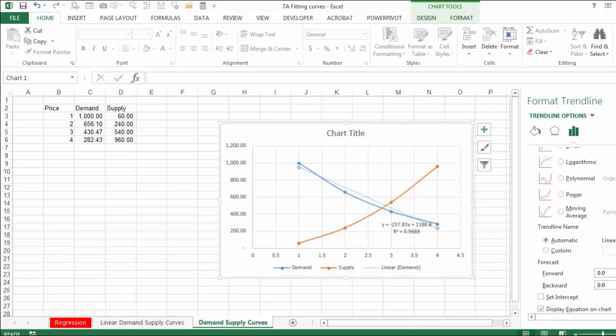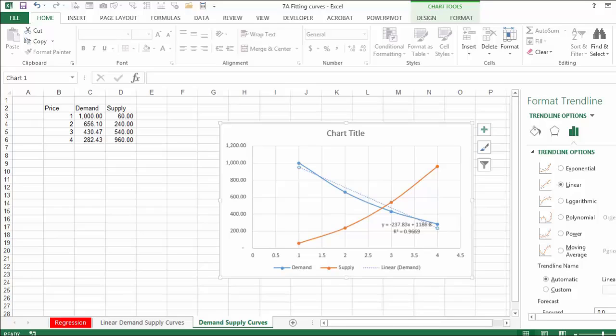It's close to 1, but what you can do, you can try any one of these other examples. For example, exponential, and in this case you found out that R squared is equal to 1, so it's a perfect match. You can try the other ones as well and play with them to see which one could do it for you. But in this case, you found out that the exponential is a perfect match.